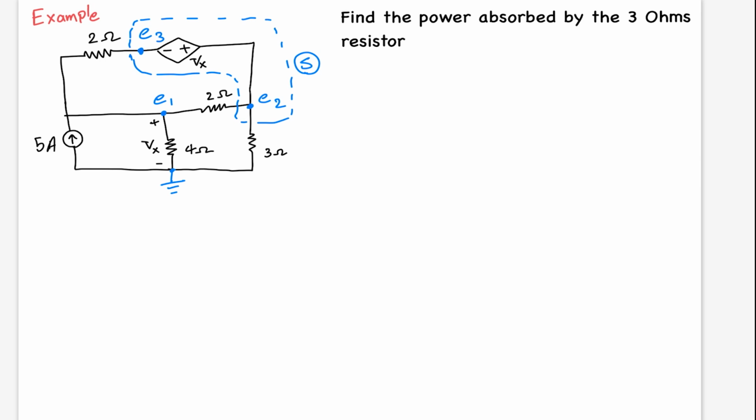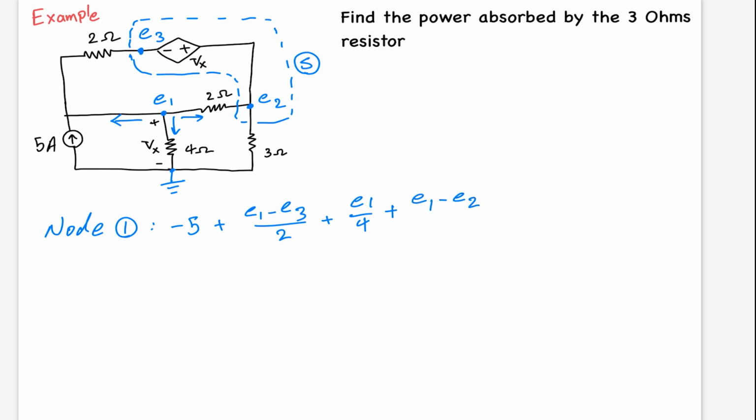Okay, for node 1, the currents that are going out of it are these. So we can write them. Minus 5, plus E1 minus E3 over the resistor, which is 2, plus E1 over 4, plus E1 minus E2 over 2.